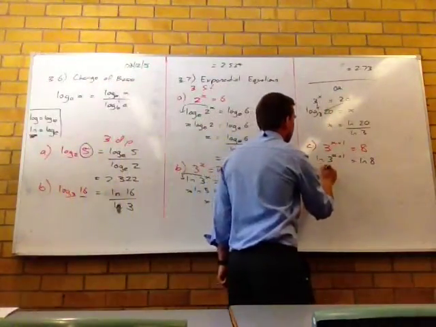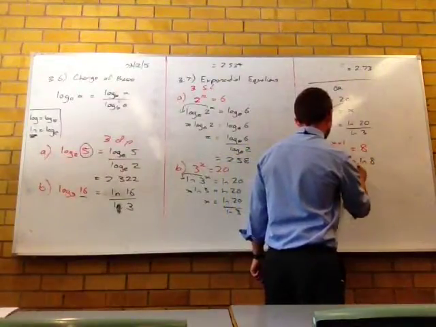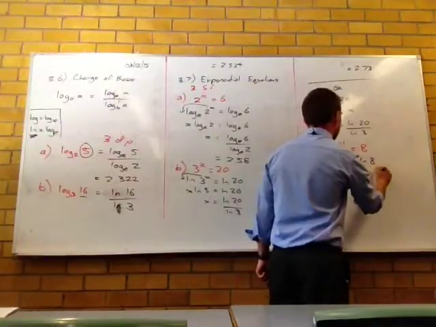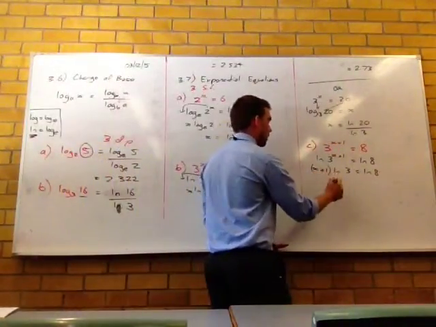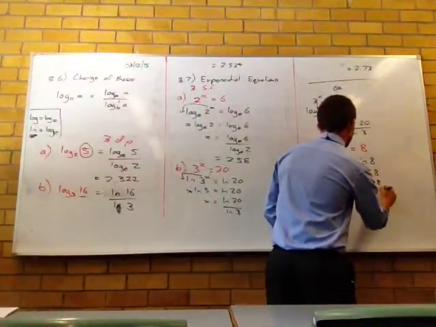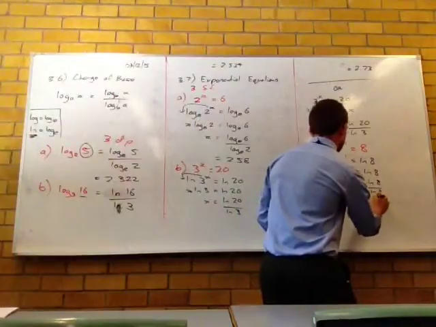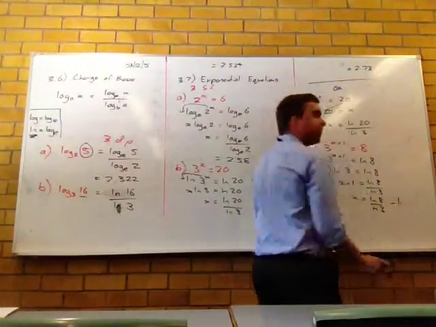Use your log law, so x plus 1, natural log of 3 is equal to the natural log of 8. So x plus 1 is the natural log of 8 over the natural log of 3. X is going to be the natural log of 8 over the natural log of 3, take away 1.